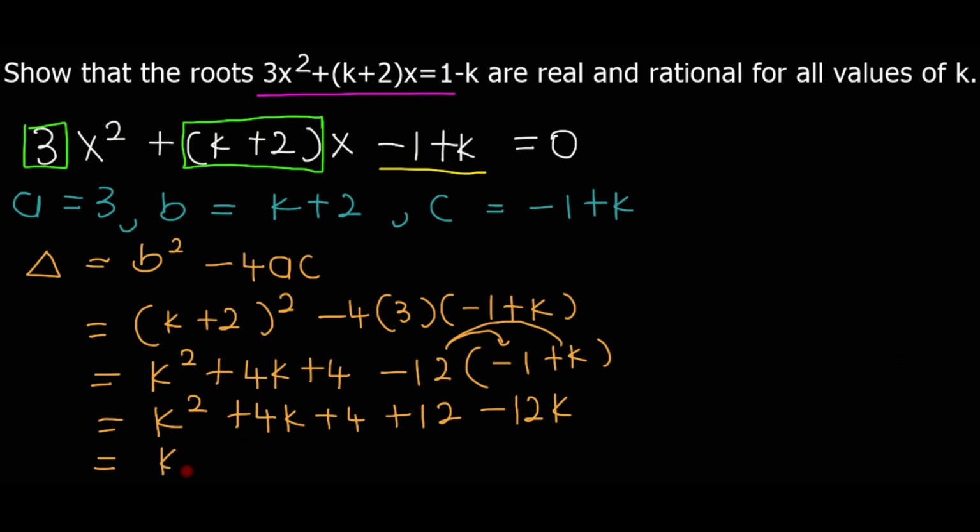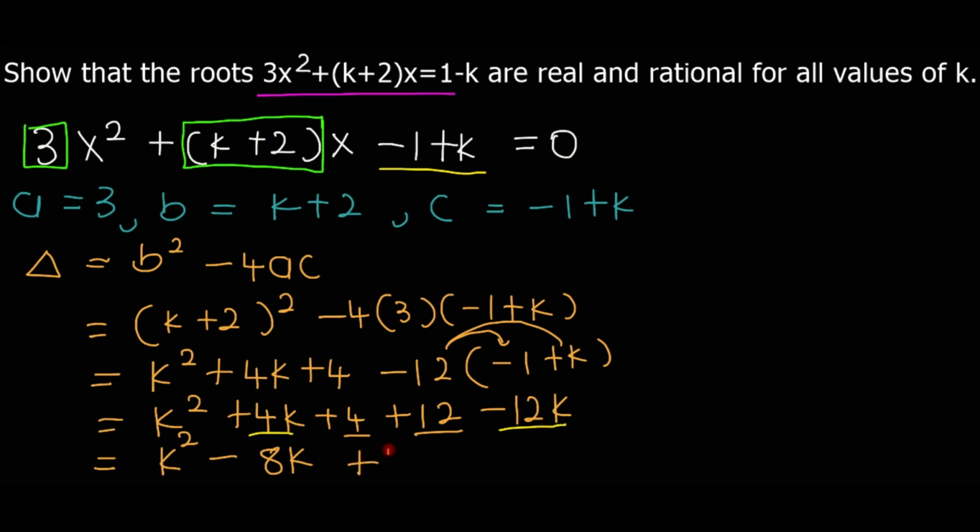So from there we are in the standard form; group like terms. k squared is alone, and then 4k minus 12k, so 4 minus 12 is minus 8k, and then 4 plus 12 is 16.